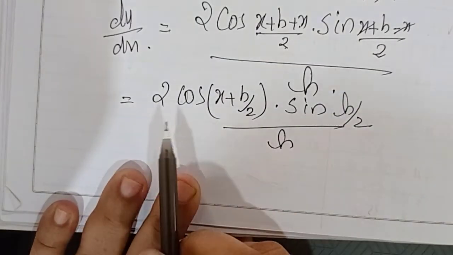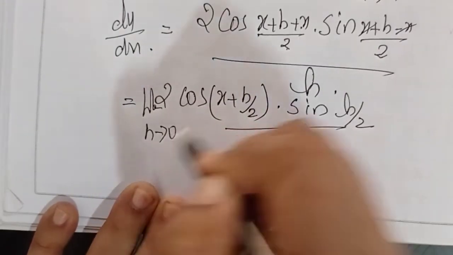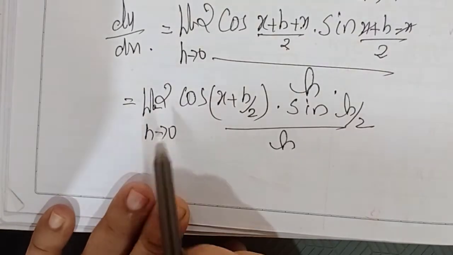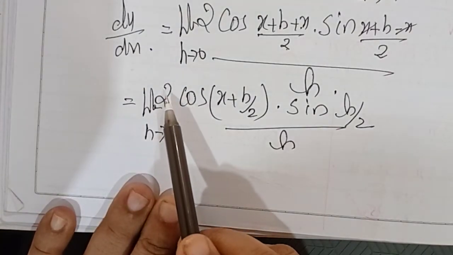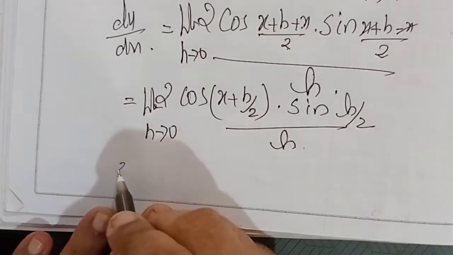Now we can convert this. Here also you write limit h tends to 0. Then we can convert this 2 into the denominator. We can split this.